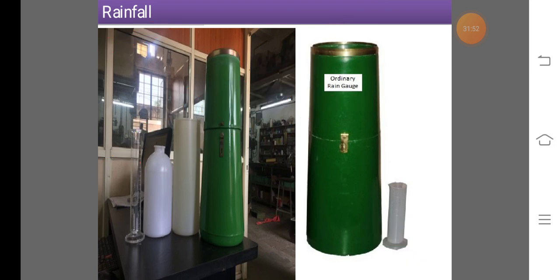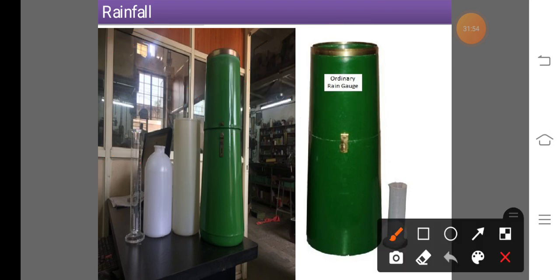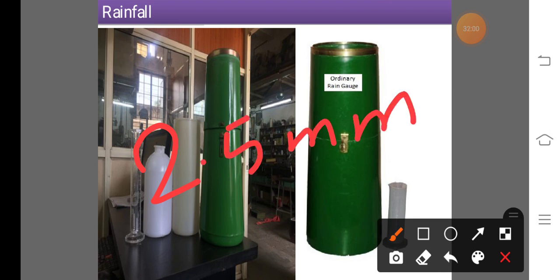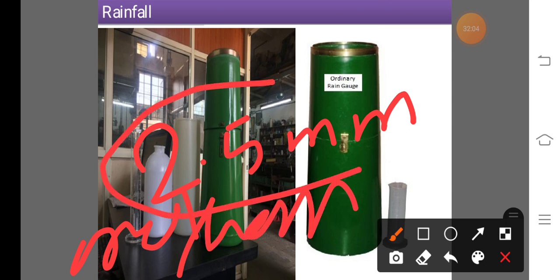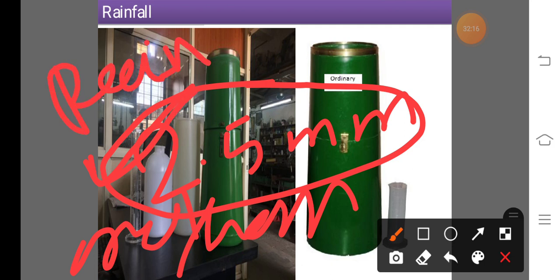If rainfall received in a day or in 24 hours is 2.5 mm or more than 2.5 mm, this day is called a rainy day.